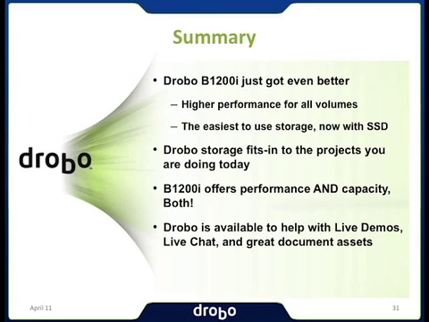Now, how well does the automated tiering work with VMware? It's a great question because some tiering solutions are very specific to the application or the application environment that they're installed in. In the case of Drobo, we're working at the block level.